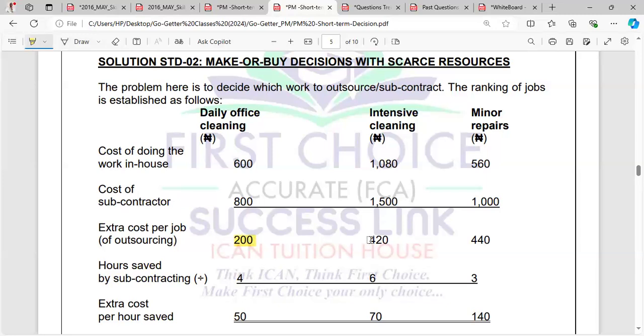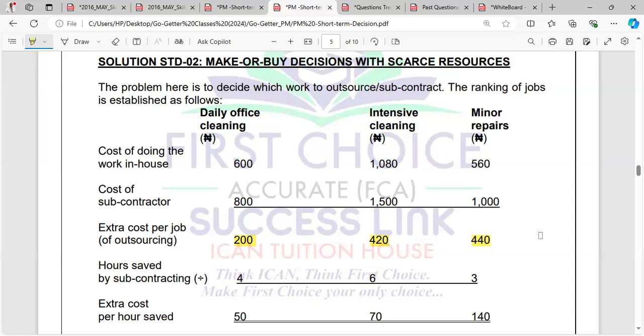Intensive cleaning, you are paying 420 naira extra. You are also paying 440 naira extra. Now, what is this? This is the extra cost, so it's the relevant extra cost per job if you are going to outsource.